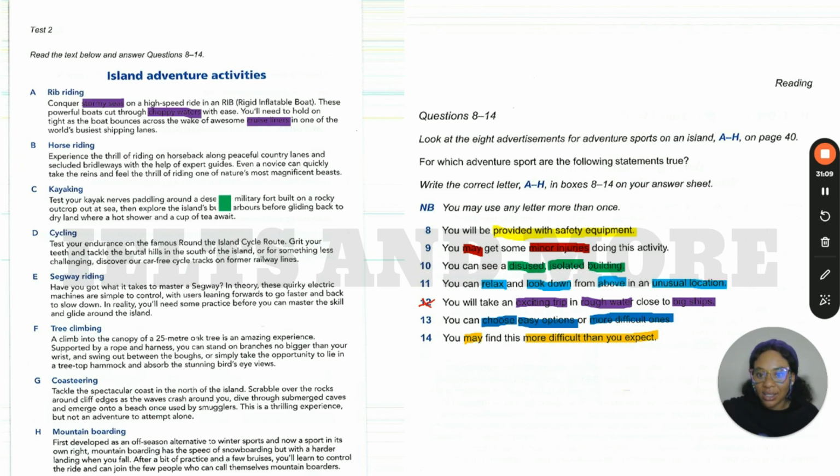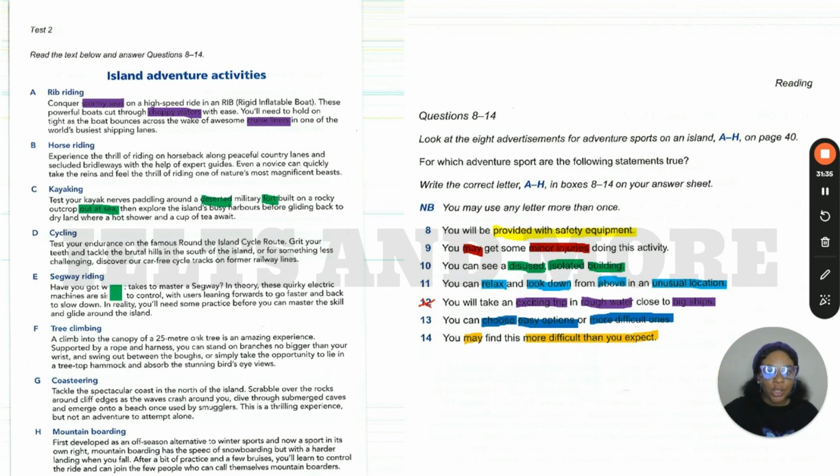Then back at C, first of all, deserted means no one is there, right? A military fort, I told you, is a building. Then what else? Out at sea, that's isolated. So it's not on land or close to land, it's out at sea, it's far away.